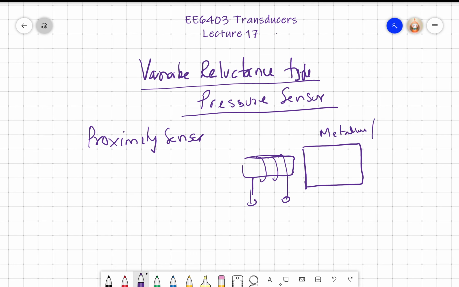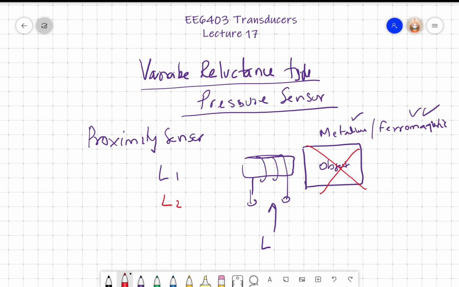If it is ferromagnetic, much better. So if I look at the inductance, if the object is present, then I will get L1. If the object is not present, I will get L2.